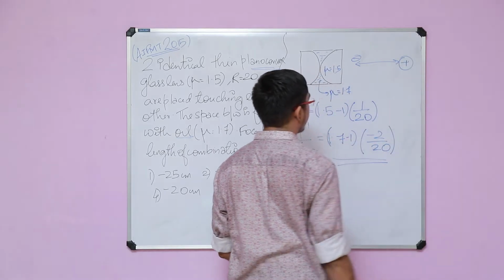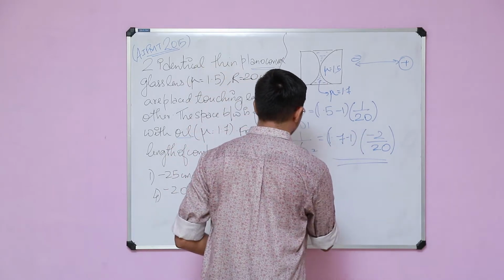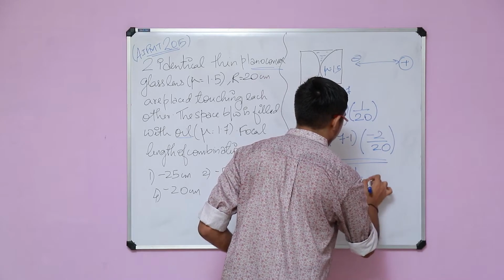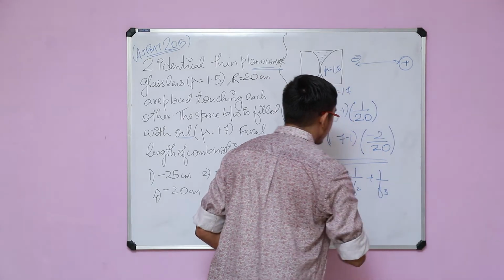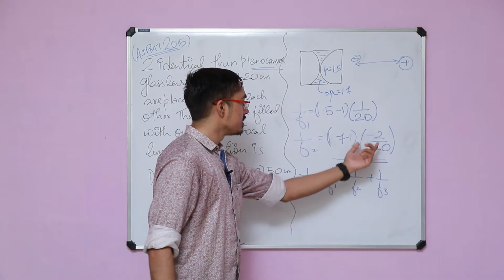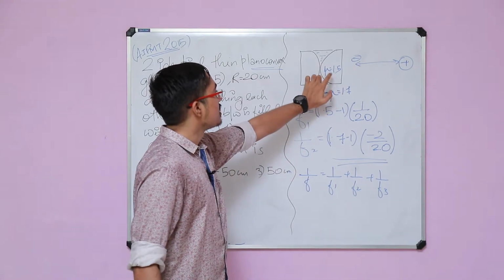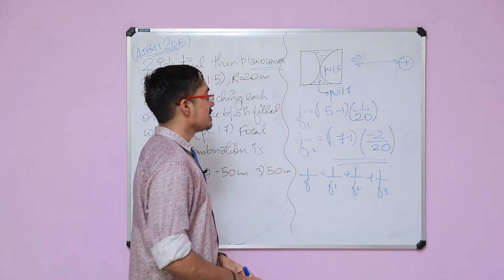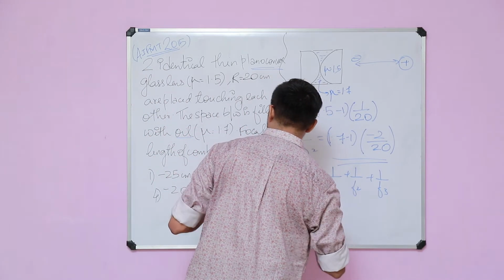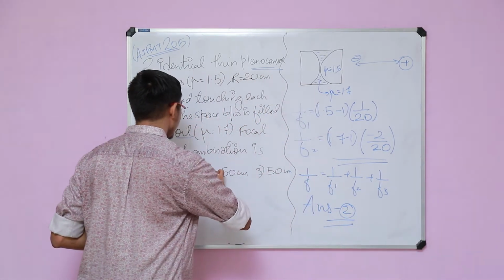Once you solve this, 1 by f is equal to 1 by f1 plus 1 by f2 plus 1 by f3. 1 by f1 is this particular value and f2 is this particular value, and f3 will be again the same value as f1 because the two plano-convex lenses are the same. Once you solve that, you will be getting this particular option, that is option number 2. So that is minus of 50 centimeter.